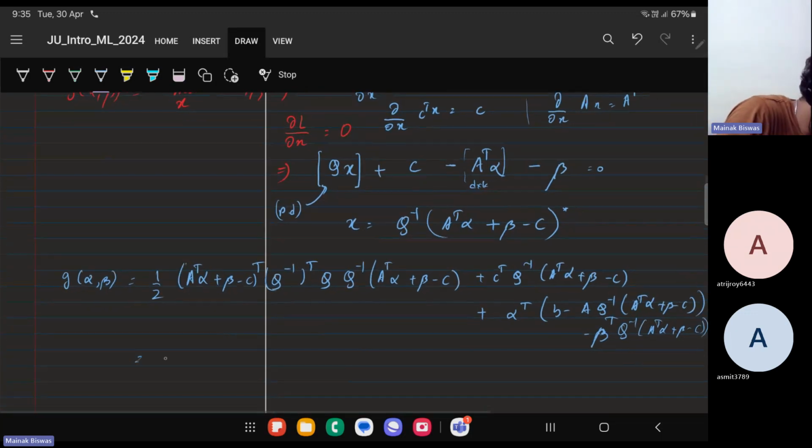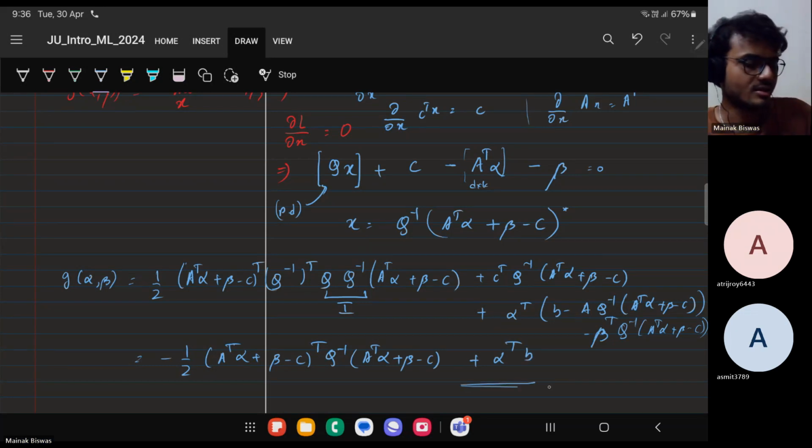That is, you'll get minus half, so this goes to identity, plus beta minus C transpose Q inverse A transpose alpha plus beta minus C, plus alpha transpose B. This is what you'll get.